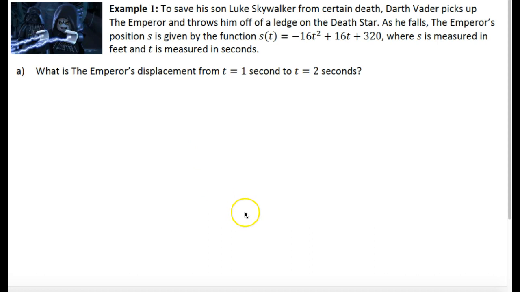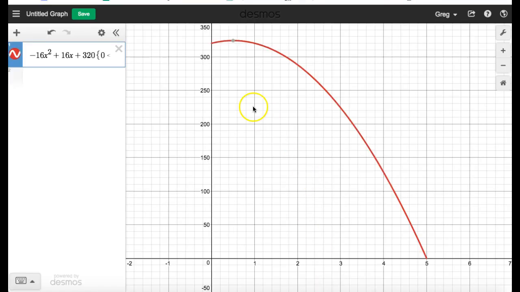All right, so let's actually take a look at this function here. If we plot this function, and again, I'm just starting at 0 because we're saying t starts at 0. The Emperor is thrown off, and this is his position, right? This is not an actual picture of the path that he takes.